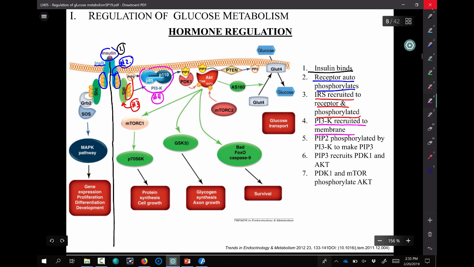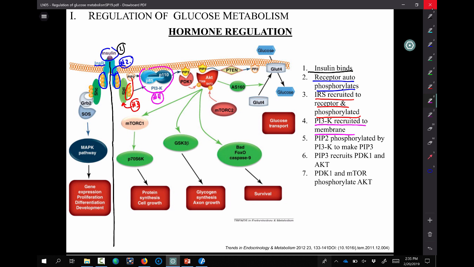PI3 kinase recognizes phosphorylated IRS, comes to the membrane, if you will, recruited to the membrane. If you're wondering what PI3 kinase stands for, it stands for phosphatidylinositol 3 kinase. It's fun. Phosphatidylinositol 3 kinase.